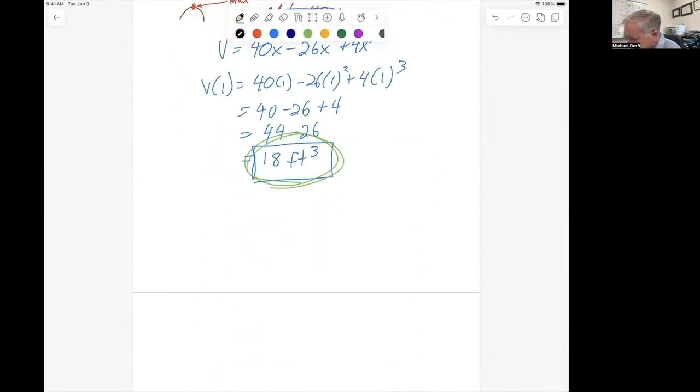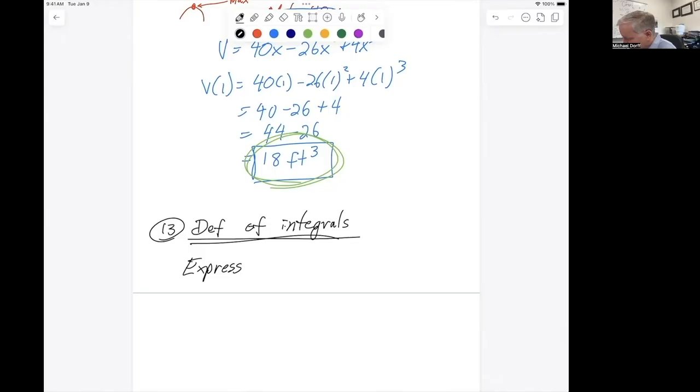Let's skip antiderivatives because we had that not too long ago. But let me do the definition of the integral here because the students find this one a little bit more challenging and it's new material. And it's likely to be on the test because it's new material. Express the following as a definite integral.